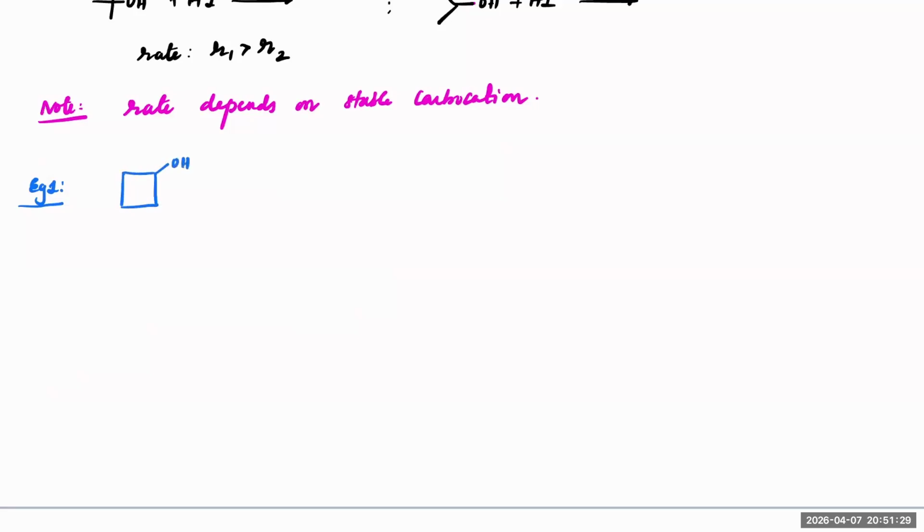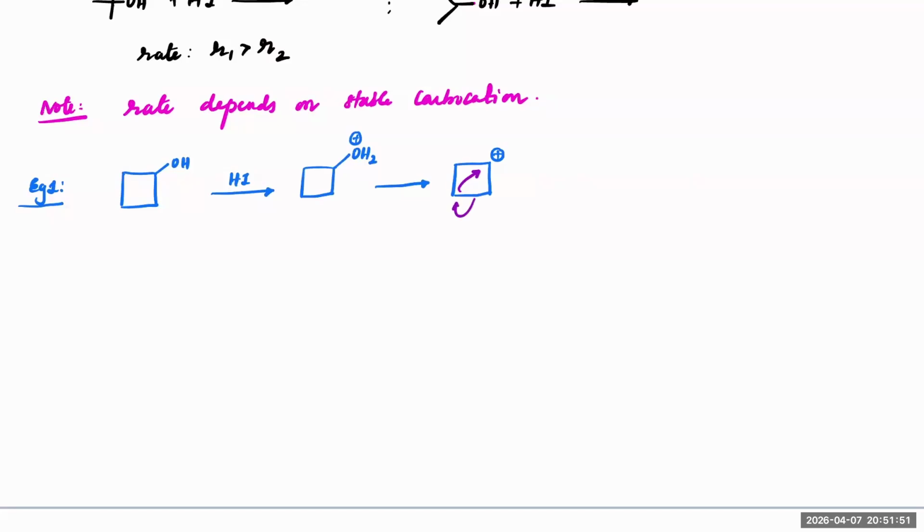If you have OH here and then I'm treating with HI, first we will get OH2 plus. It will convert into a carbocation. Now this carbocation will undergo rearrangement.